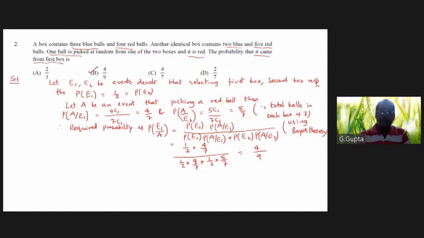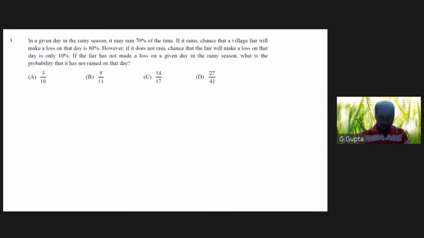We'll see one more example. Yes, very important, this is also a GATE question. On a given day in the rainy season, it may rain 70% of the time. If it rains, the chance that a village fair will make a loss on that day is 80%.